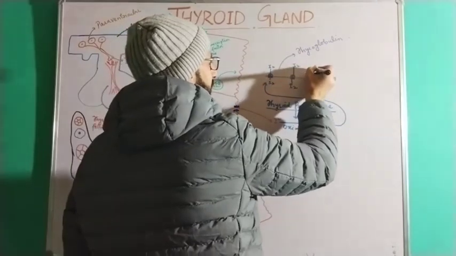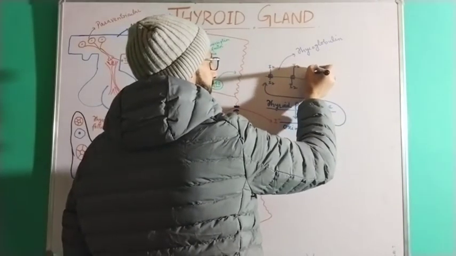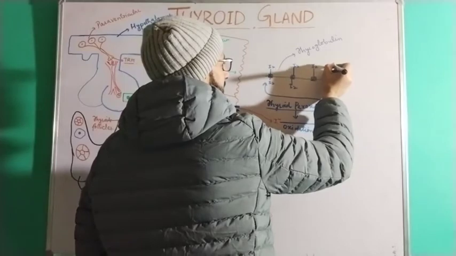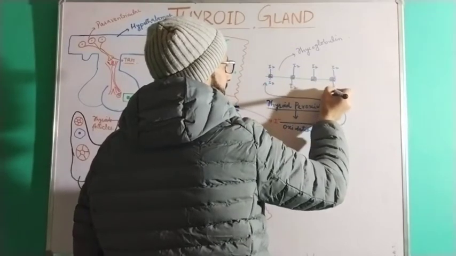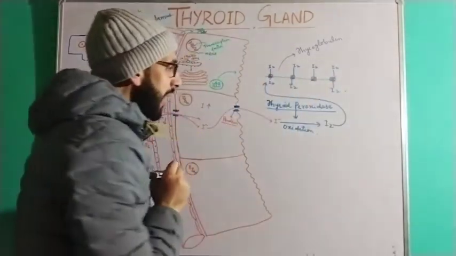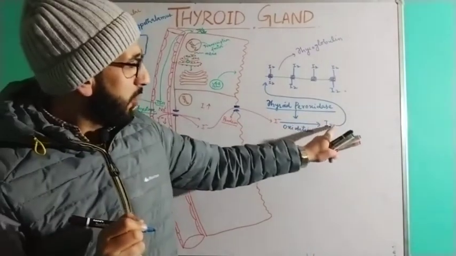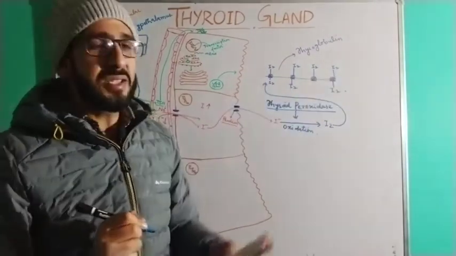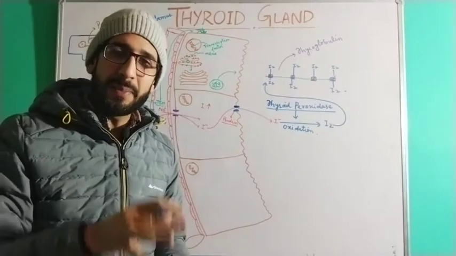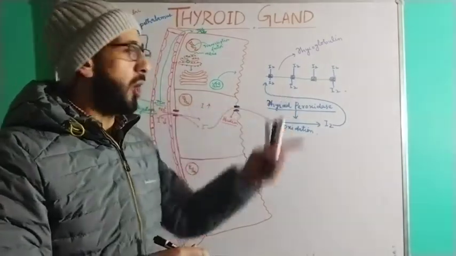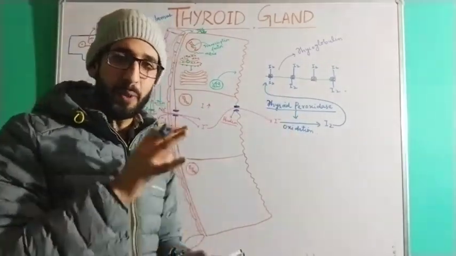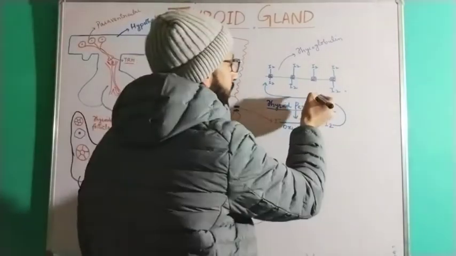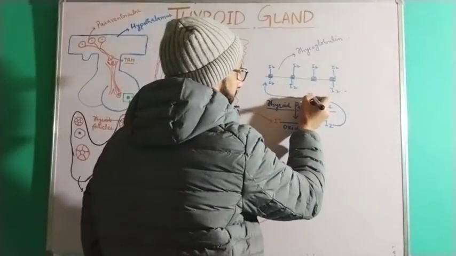Now we are binding iodine here, here, and here. Fine. Now this iodine is bound to these tyrosines again by the same enzyme, thyroid peroxidase, and this process is called iodination of tyrosine.